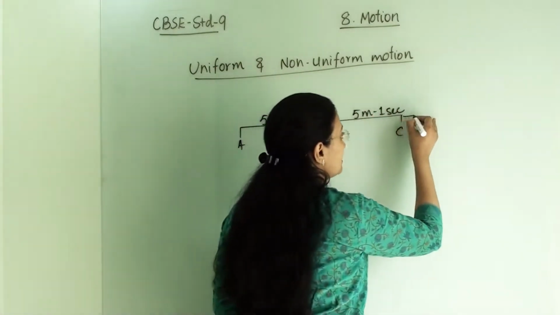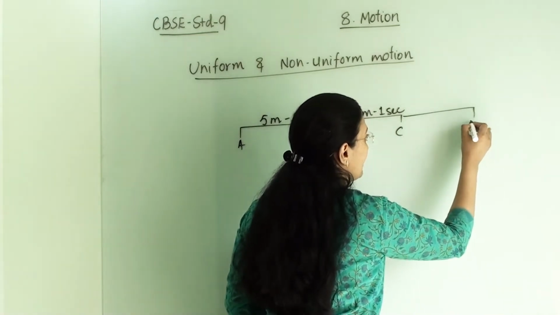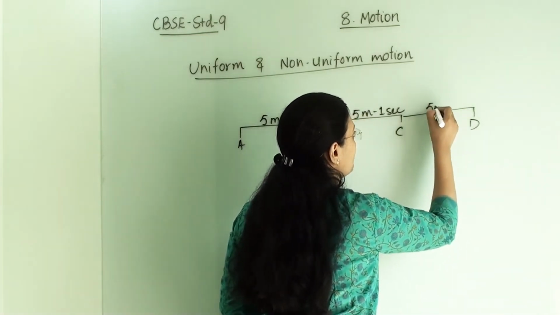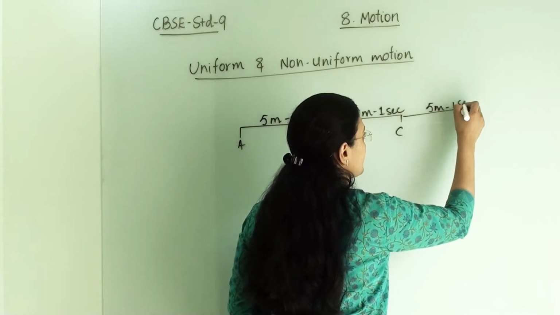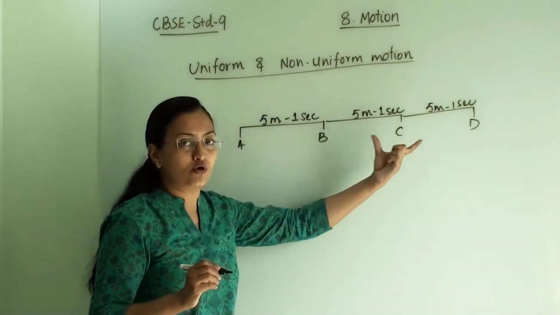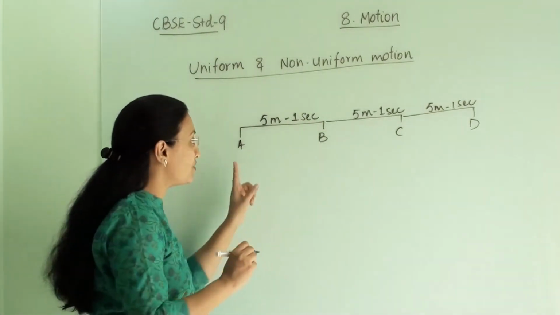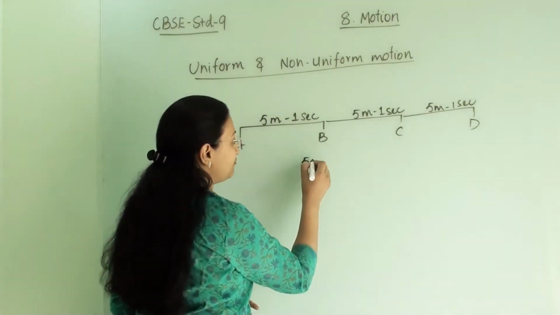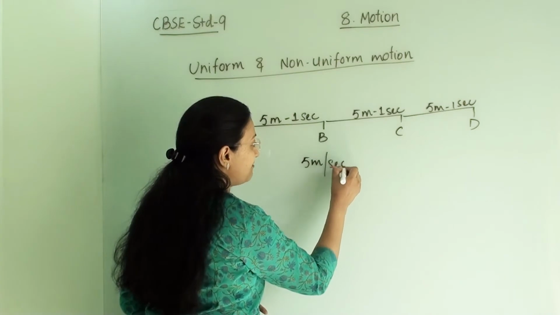And in the third lap, it is going 5 meter in another 1 second. So if we see here, this is a uniform motion. Why is it uniform? Because the car is covering 5 meter in every second.